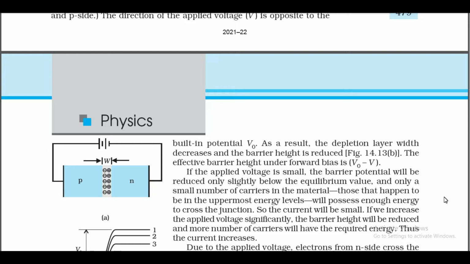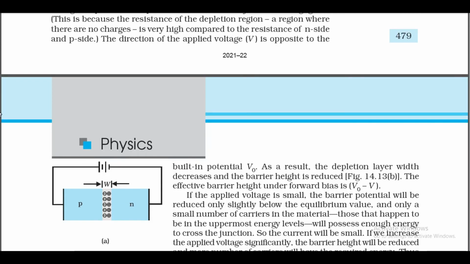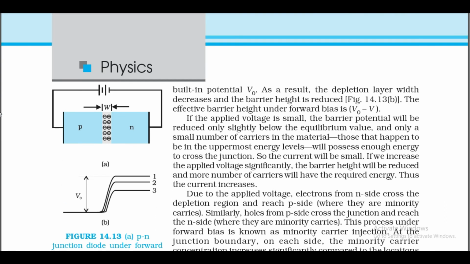The effective barrier height under forward bias is V0 minus V. If the applied voltage is small, the barrier potential will be reduced only slightly below the equilibrium value, and only a small number of carriers in the material, those that happen to be in the uppermost energy levels, will possess enough energy to cross the junction, so the current will be small.